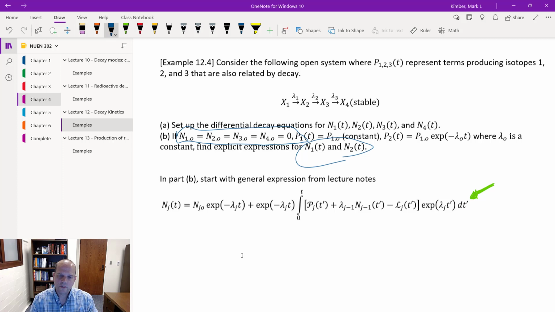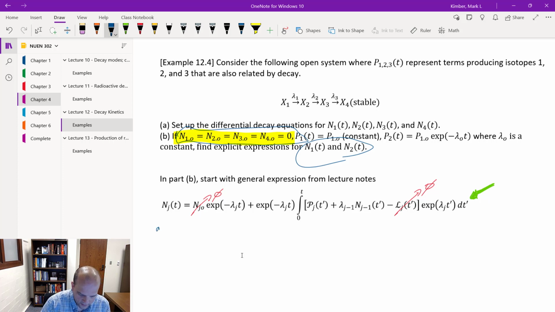So with isotope 2, you've got the decay from isotope 1 plus the production term coming in. And in this case, there's no expressions given for the loss, and so we can go ahead and neglect this for all of the terms there. And because of this, my initial inventory is going to be 0, so I can get rid of that term.